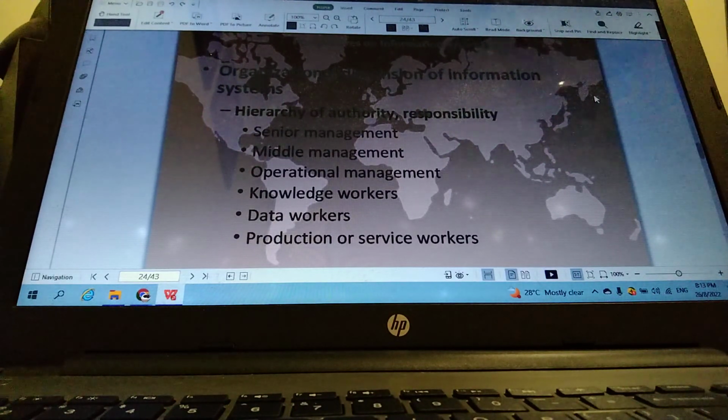The senior management can be the users, the decision makers, the policy setters. The same goes to the middle management, operational managers, and anyone. So at all levels, there are users and there are decision makers, with certain authority which comes with their roles and responsibility. So these are the people who are the users of the IT system at all levels, from the top to bottom. And I'm very sure you are part of one of these groups.